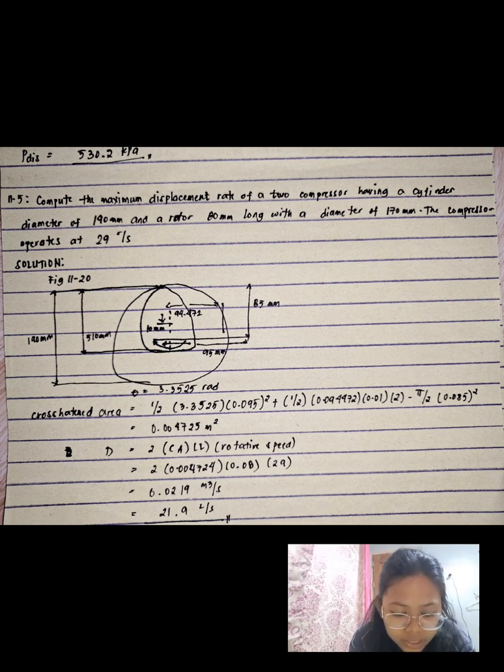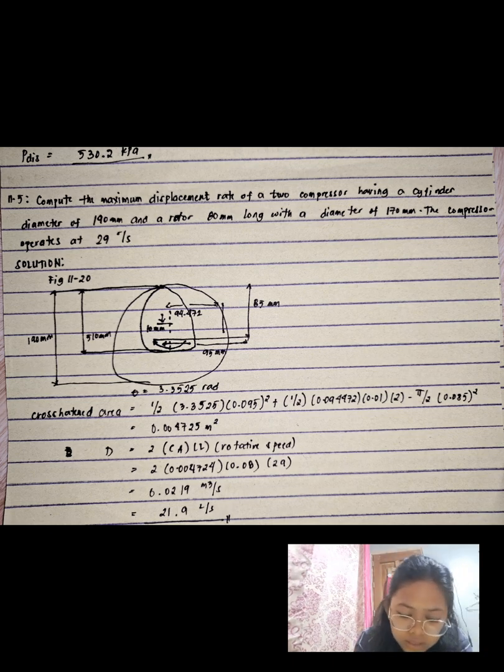So cross-sectional area is equal to 1/2 times 3.3525 times 0.095 squared plus 1/2 times 0.094472 times 0.01 times 2 minus pi over 2 times 0.085 squared, which is equal to 0.004725 meters squared.